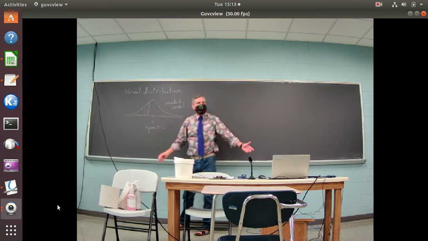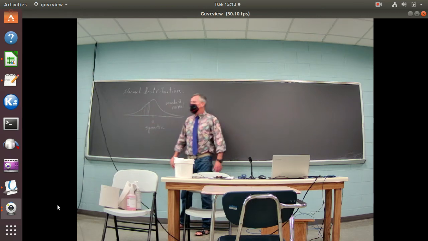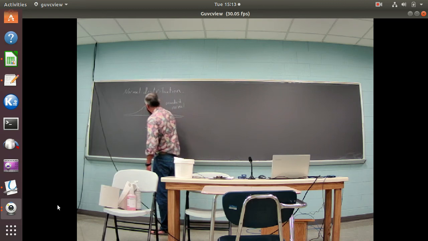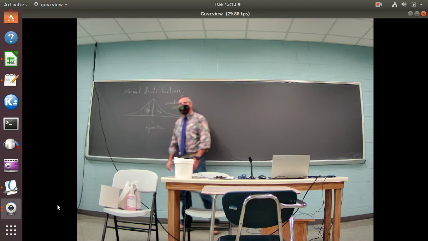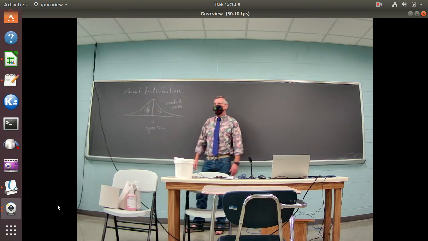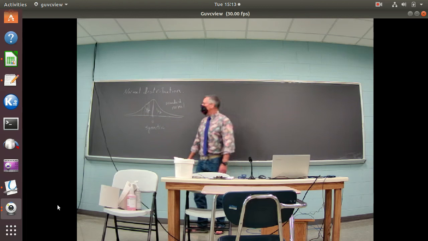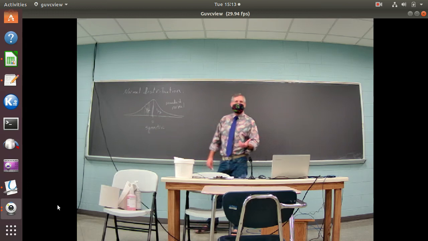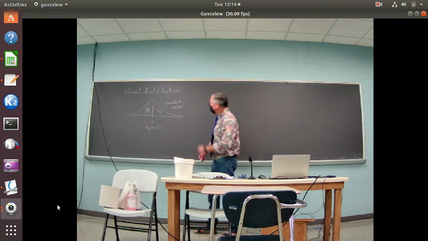That's all the observations that can possibly happen. Then the area is everything that could happen. We see that half the area is on either side of 0. That's what the symmetry does for us. And that area is synonymous with the likelihood of something happening or the probability of something happening, however we want to say it, probability or likelihood.